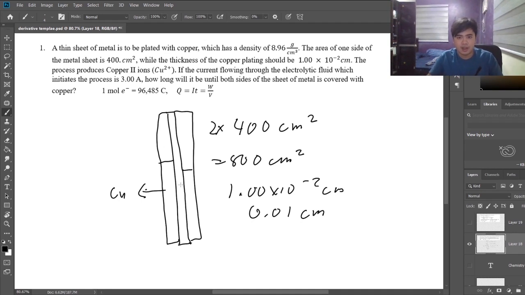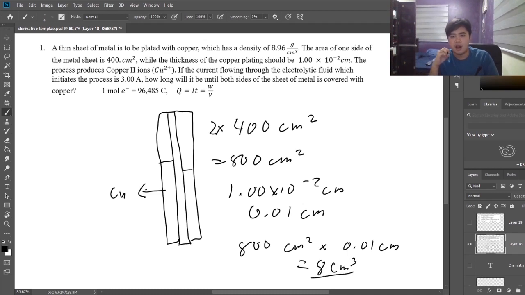So we multiply 800 square centimeters by 0.01 centimeters. We get a volume of 8 cubic centimeters. This is our volume.